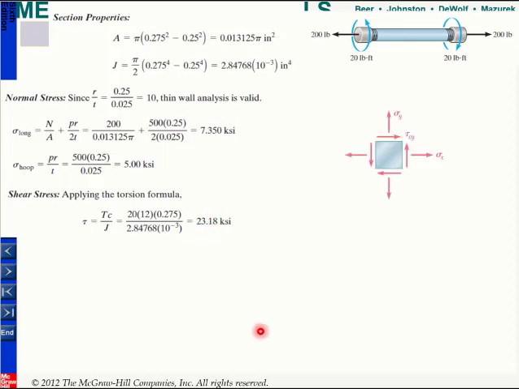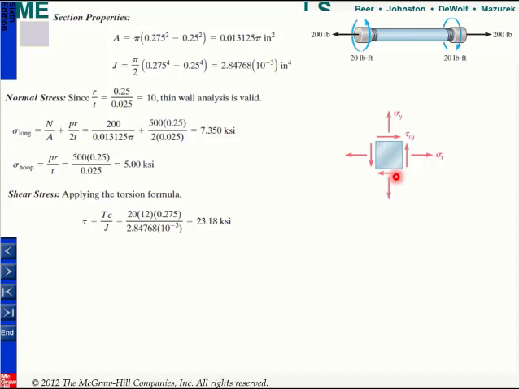Okay, and next I need to put them on an element. So sigma x is going to be my longitudinal stress. Sigma y will be my hoop stress, and finally I will have the shear. And here the shear direction is important. If you consider an element on the outer surface, which direction do you expect your shear to be?